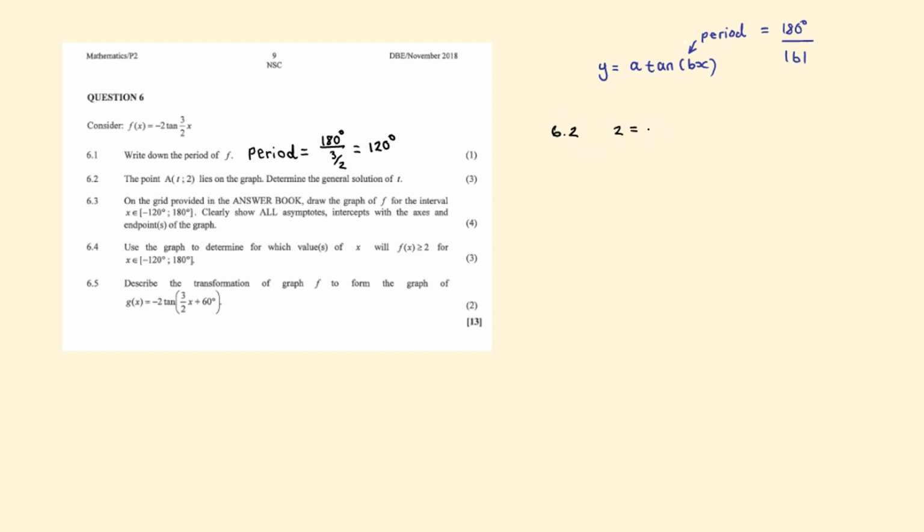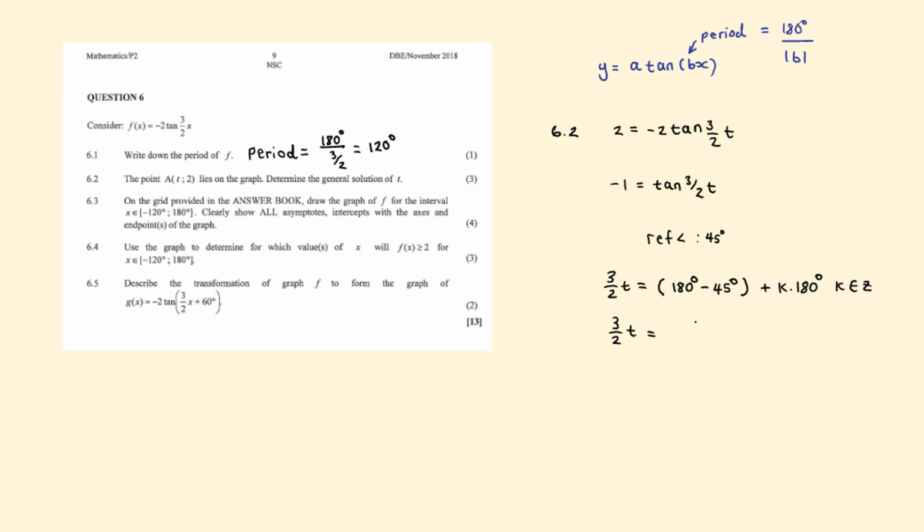Okay, so now you're going to have 2 is equal to minus 2 tan of 3/2 t, then dividing both sides by negative 2 gives you negative 1 is equal to tan of 3/2 t. So 3/2 t is equal to 180 degrees minus 45 degrees plus k times 180 degrees. This is because tan is negative in the second quadrant.